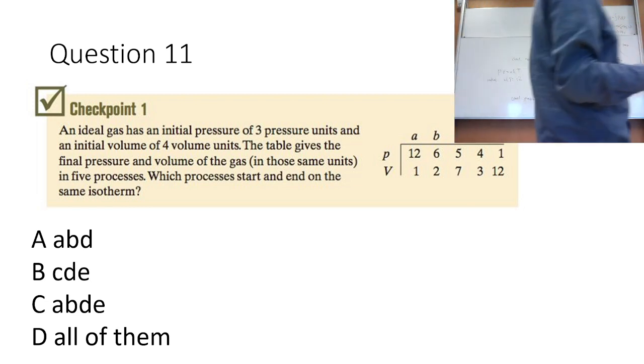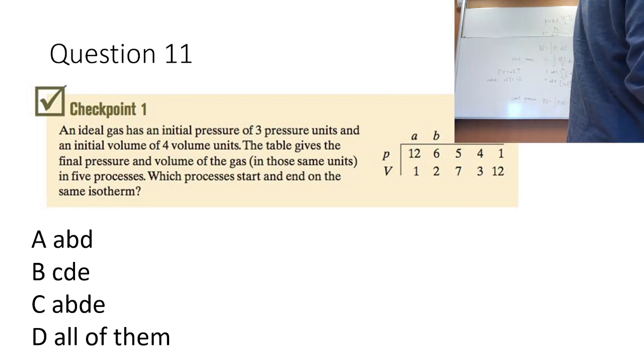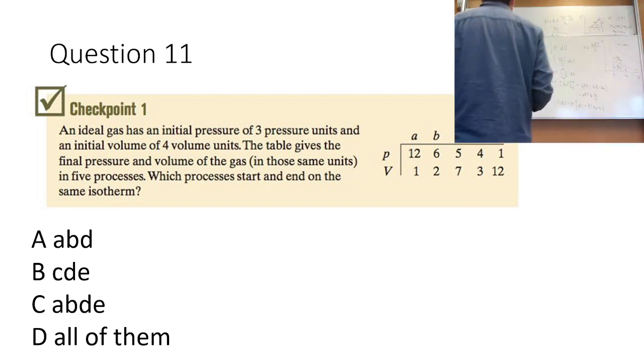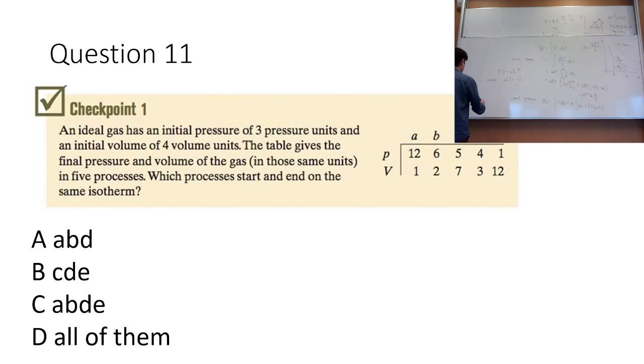Now finally, we're talking about the same isotherm. Same isotherm means that the temperature is the same. So the final temperature must be, of course, just 12 over nR, whatever that is.